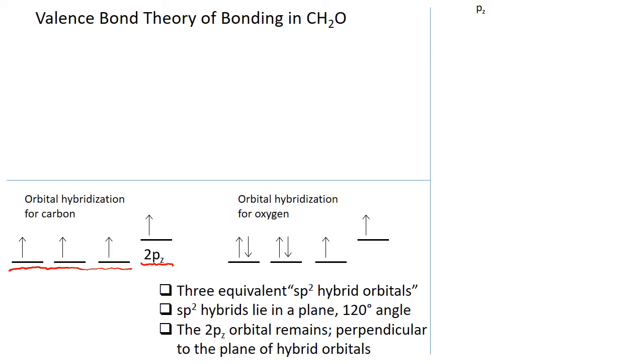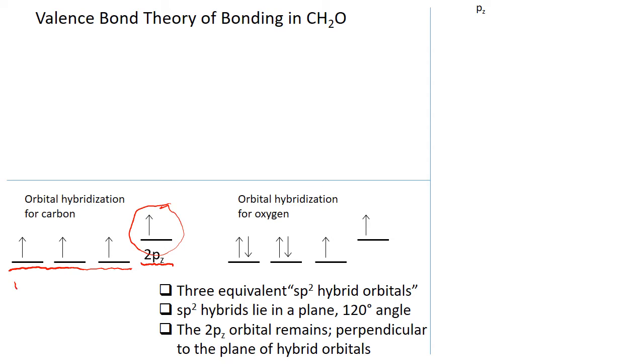Now, it's simply a result of the math, and again, the math is not something we're going to go into in detail, so we'll just present that result. But that's why we end up with this 2p orbital, the 2pz, which is perpendicular to the plane of the molecule and doesn't participate in hybridization.